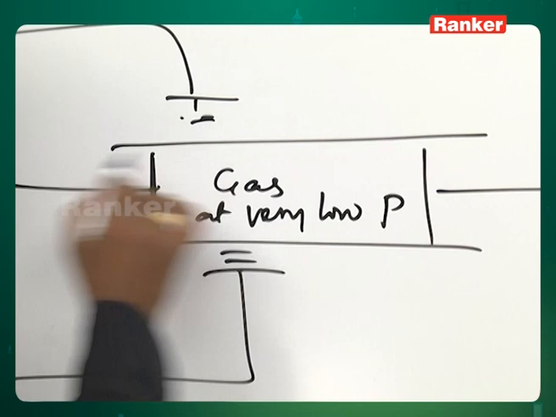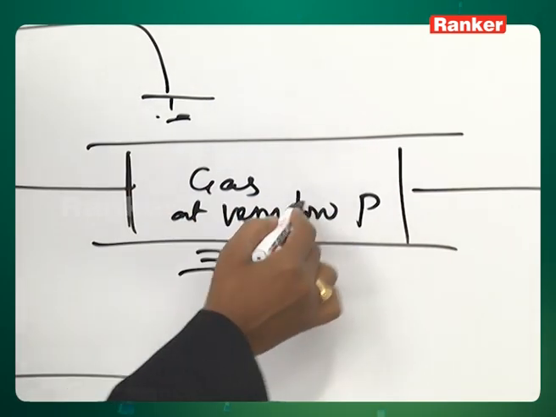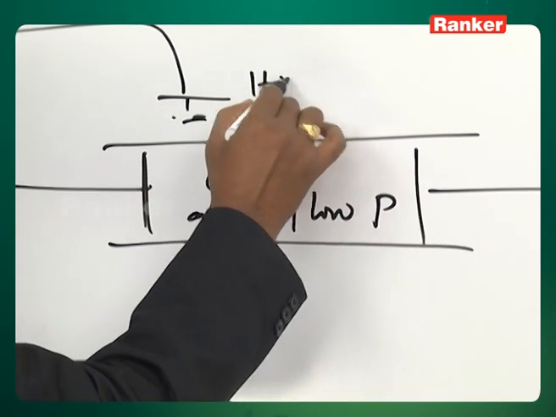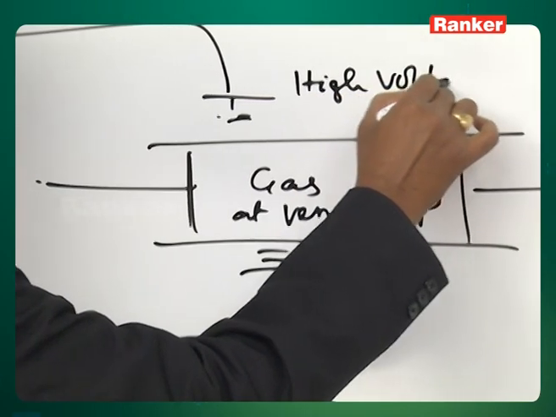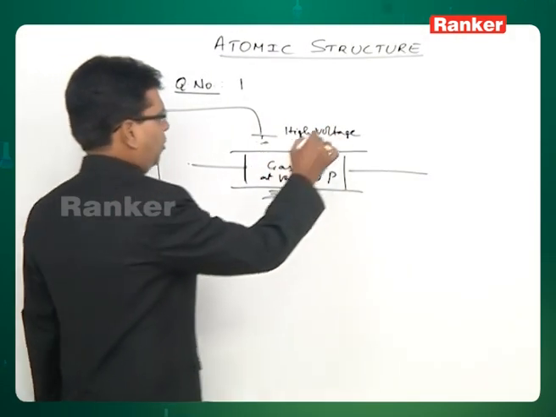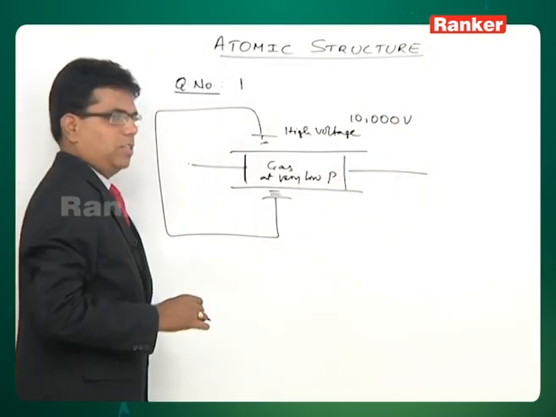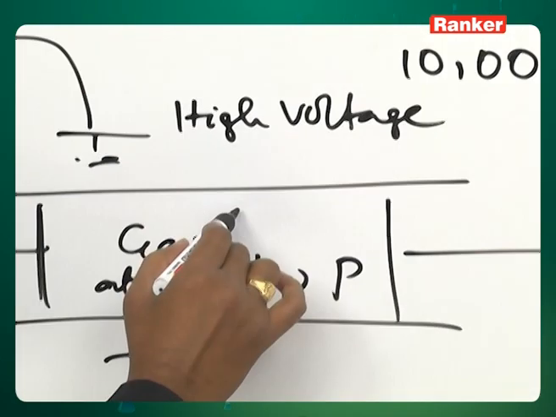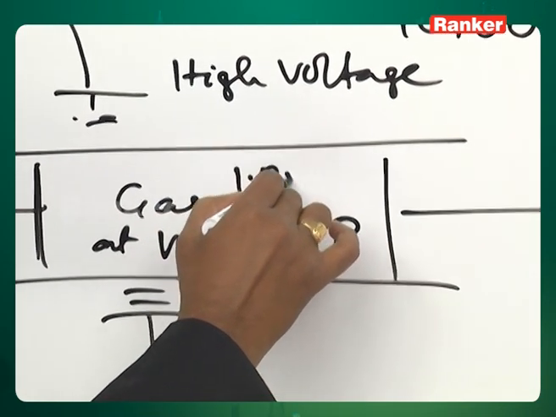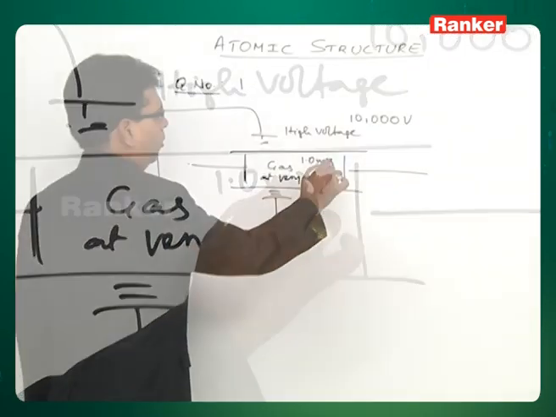This is the anode and cathode. This is at a very high voltage, about 10,000 volts, and low pressure, about 1 mm of mercury.